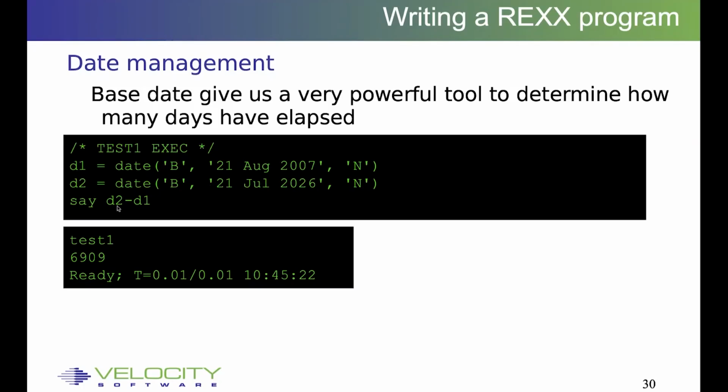We can display the difference between D2 and D1, and it gives us 6,909. So that tells us there are 6,909 days between these two dates. Now, converting a difference like this to years, months, and days is certainly something that can also be done in a program.